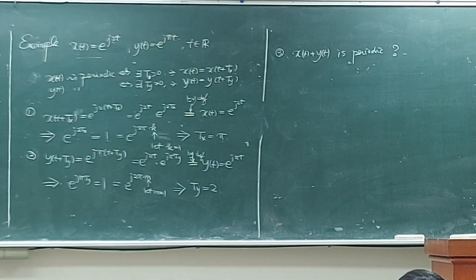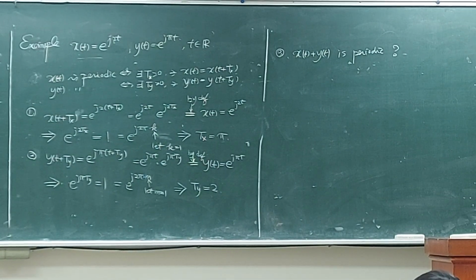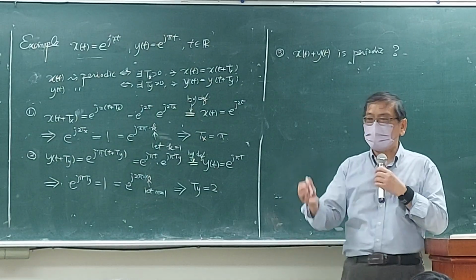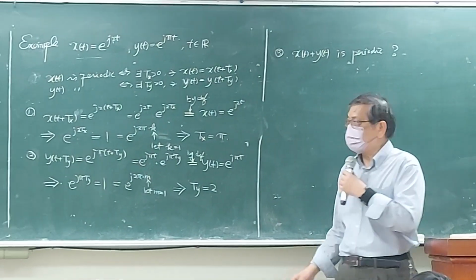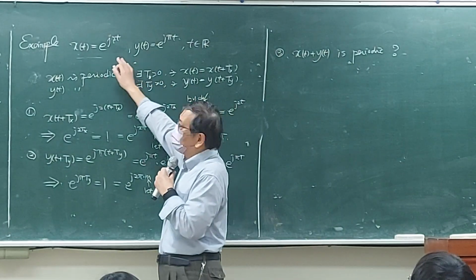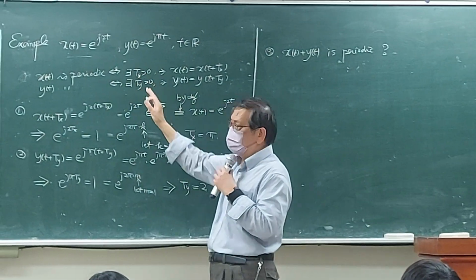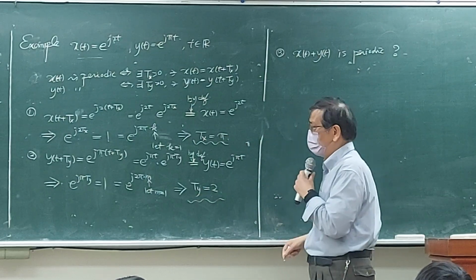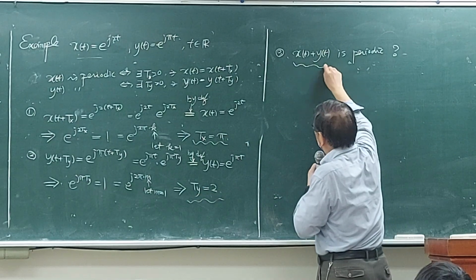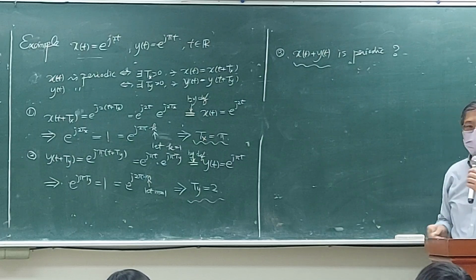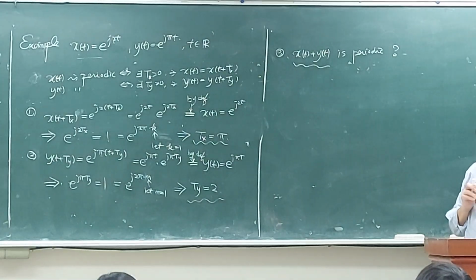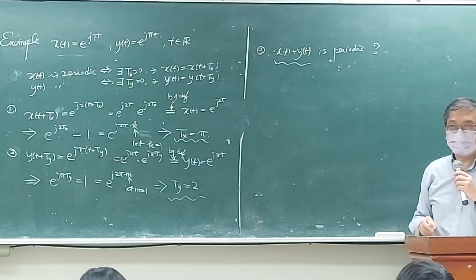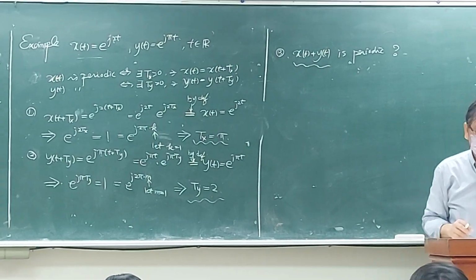You want to still have a periodic function. Make a guess. We have two periodic functions, right? x of t and y of t, because I can find the period for both functions. Now I add them up. I sum up x of t and y of t. Then is the new function periodic or non-periodic?